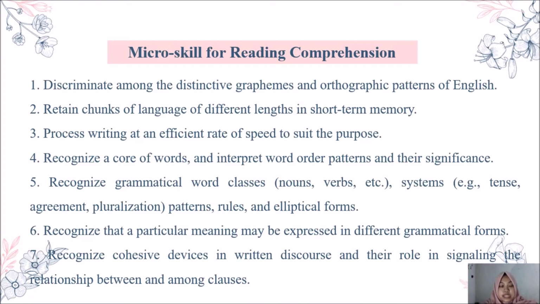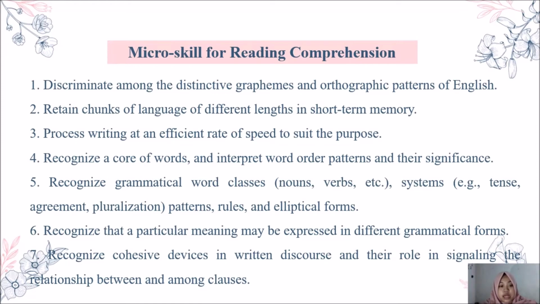Number 1 is discriminate among the distinctive graphemes and orthographic patterns of English. Number 2, retain chunks of language of different lengths in short-term memory. Number 3, process writing at an efficient rate of speed to suit the purpose.